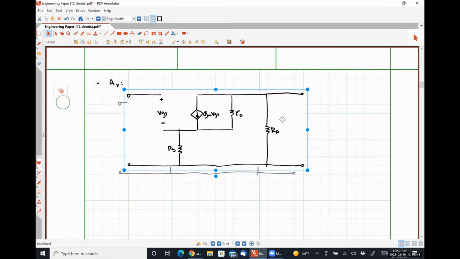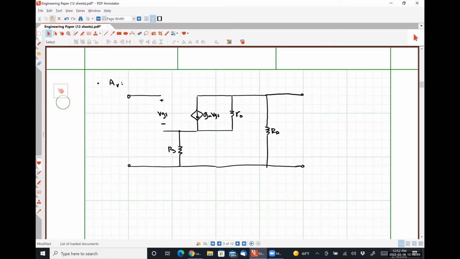All right, so I'm dropping this guy here. This is just the exact same small signal equivalent circuit. The only thing I'm going to do here is explicitly draw Vn and V out.